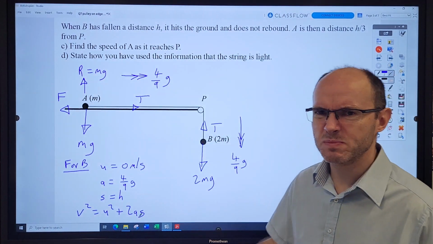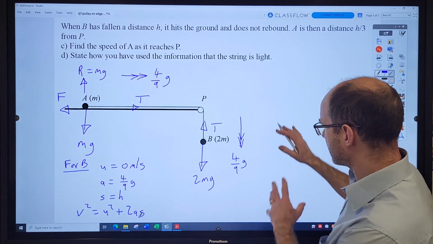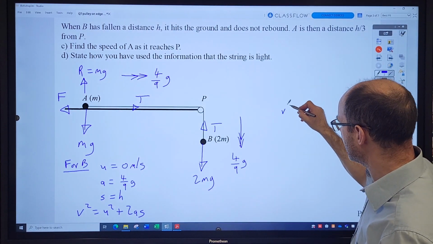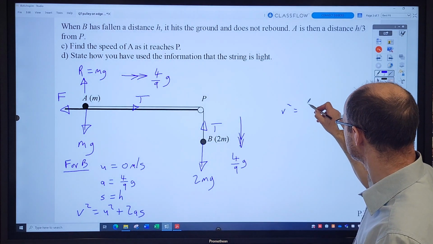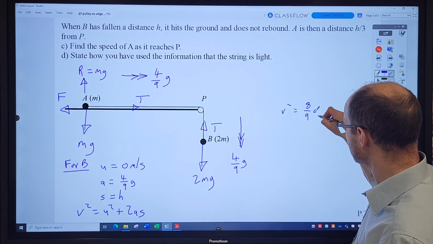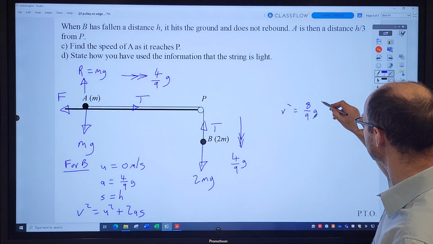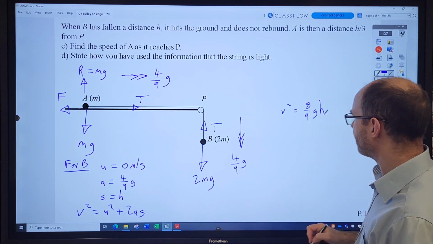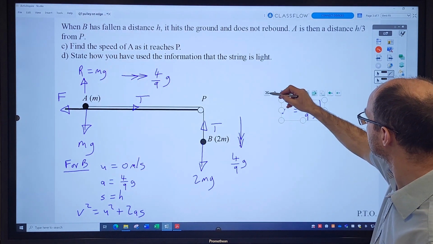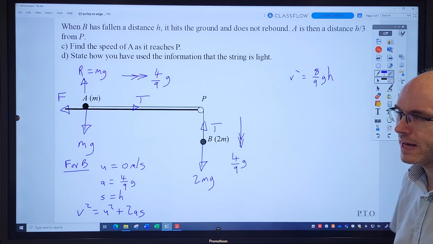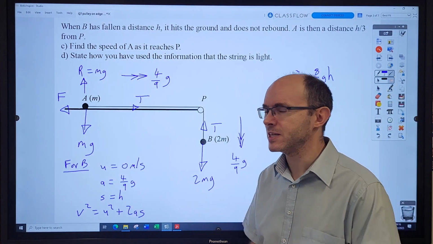All right, I'm running out of space here, so I'll put some working up here. So v squared is equal to 2 times a, so that's going to be 8/9 g times s, which is h. Looking nice, isn't it? So that's that. Okay, that's what v squared is. Now notice I've not gone and taken the square root of that, because you'll see there's no need.